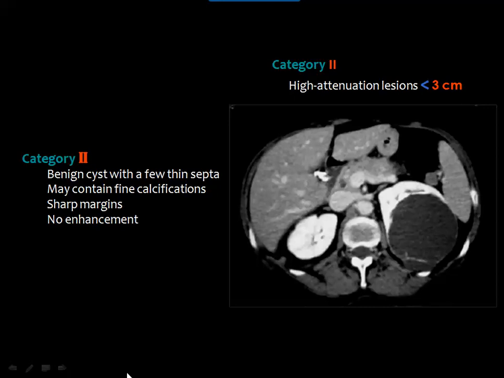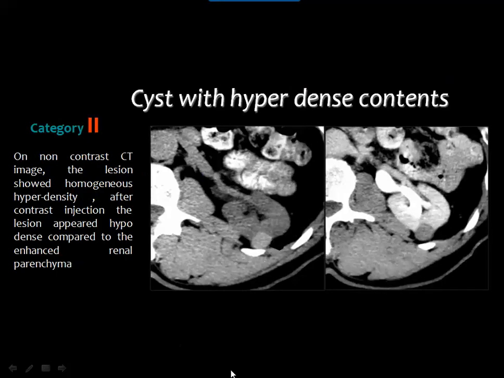Then category number 2. In this cyst you may find 2 or 3 very small internal septations, and this is considered category number 2. Under the same category, you may see a small cyst less than 3 centimeters, but it has a high density or high attenuation value, like this one.